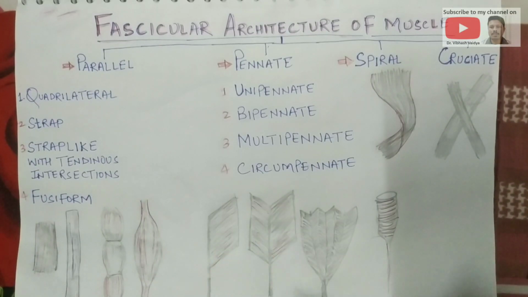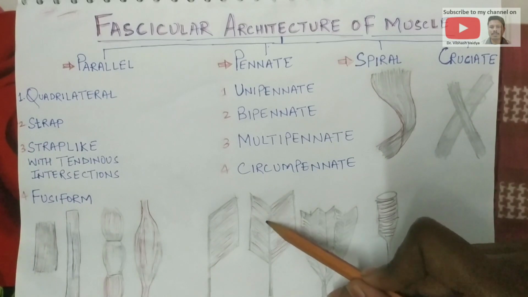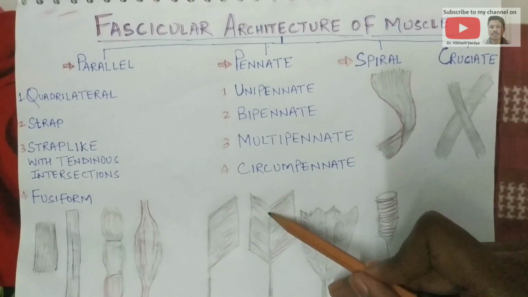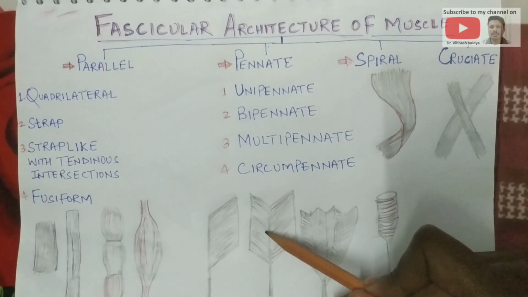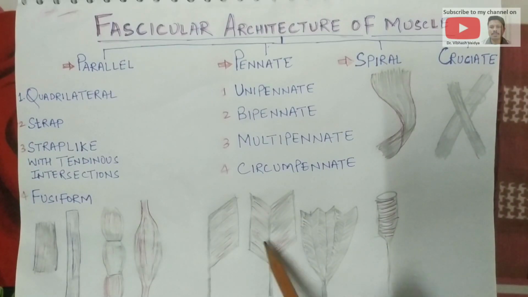Then in the second diagram, this is a bipinnate muscle. This is the tendon of the bipinnate muscle, which forms the central axis of the muscle, and from both sides the muscle fibers slope from the central tendon.